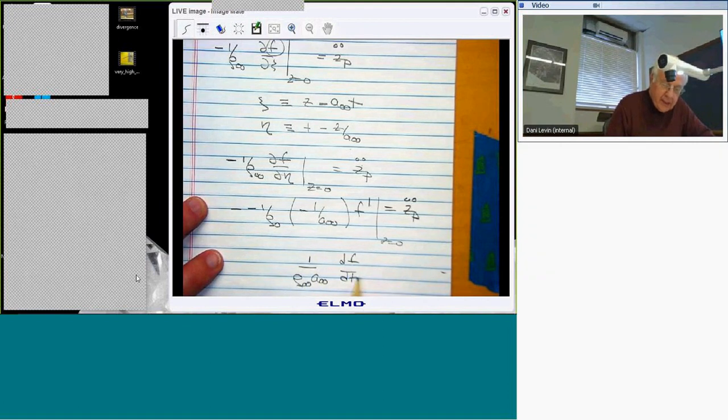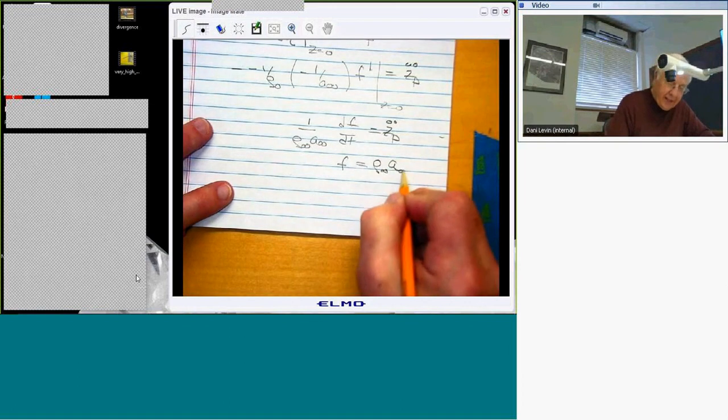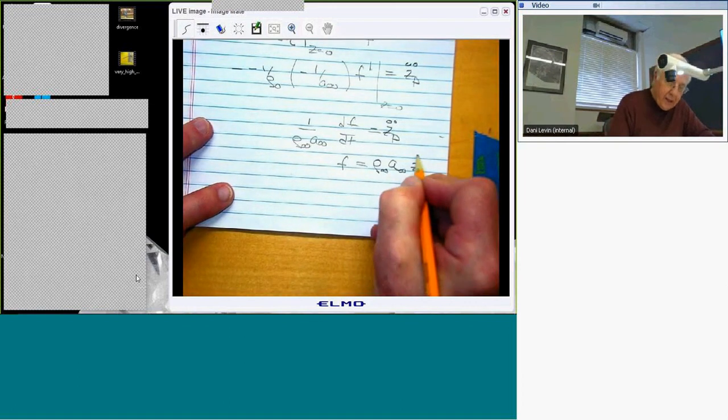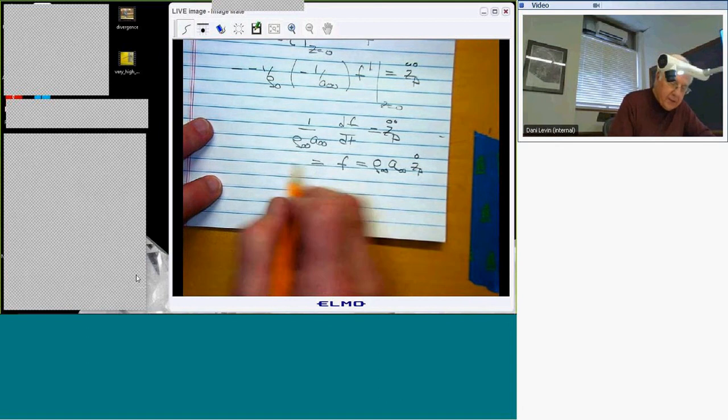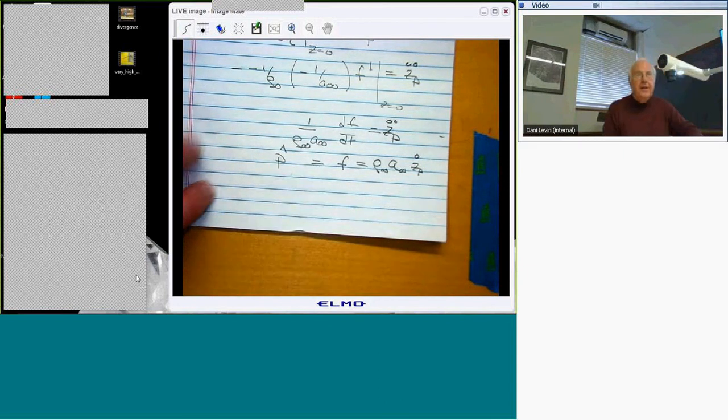And now I integrate that once with respect to time, and then I have f equals rho infinity a infinity z p dot, which is essentially pressure. And this is the pressure evaluated, by the way, on z equals 0, right?